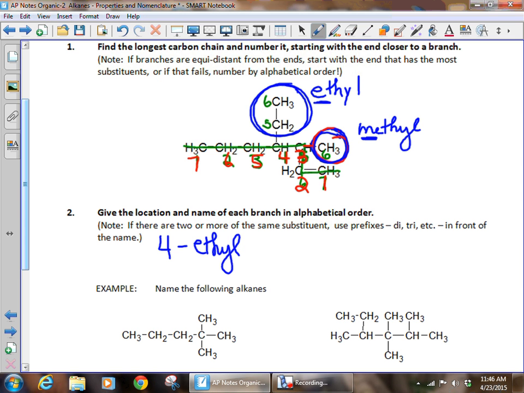So based on my red numbering system up there, it's 3-methyl. And now I name the longest chain. Since there are 7 carbons in the longest chain, this is heptane. And that last part is all one word. So 4-ethyl-3-methylheptane is the name of this compound.